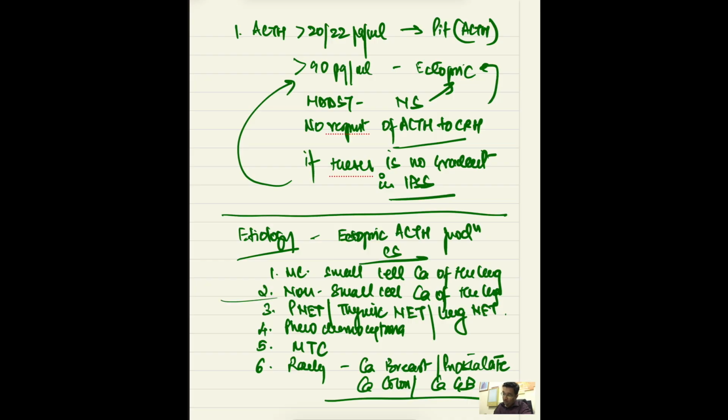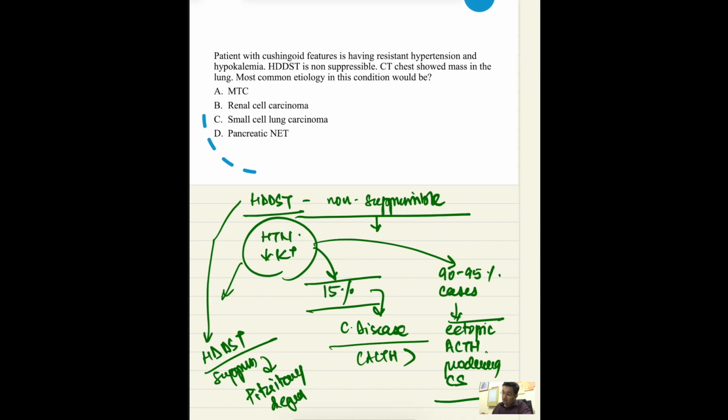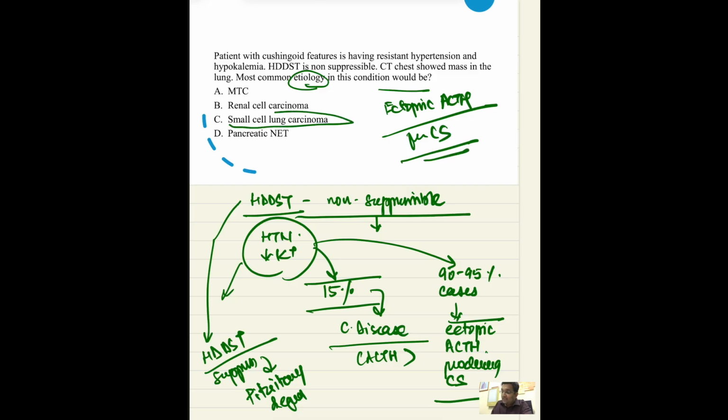So coming back to the question, what is the most common etiology in this condition? What is this condition? It is an ectopic ACTH producing tumor producing Cushing's syndrome, so small cell lung carcinoma is the most common cause.